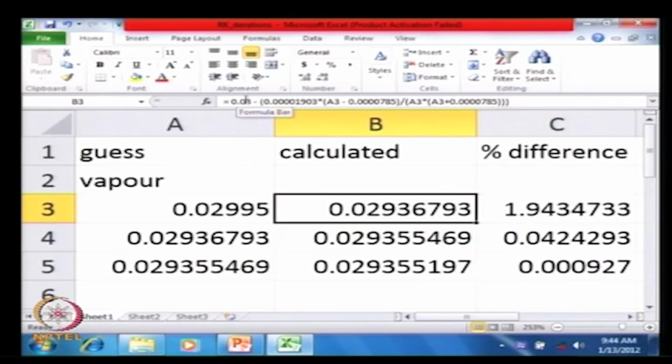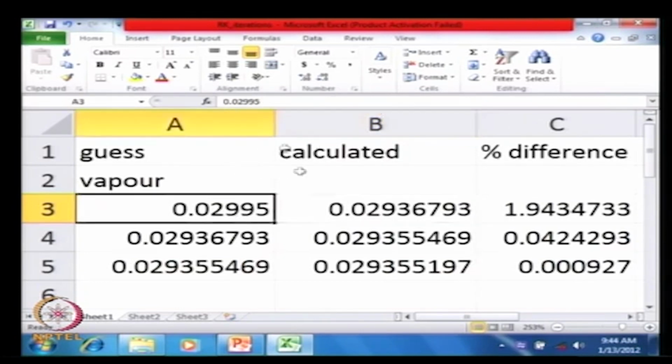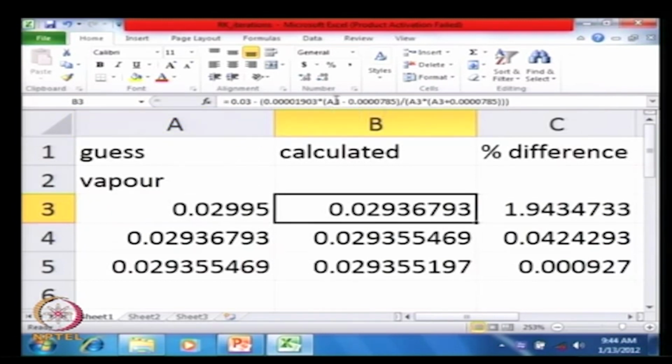I just substituted these terms, 0.02995 I have approximated as 0.03, minus the A into the volume that is guessed, minus B divided by Vn into Vn plus B. So, this turns out to be 0.0293 and so on.